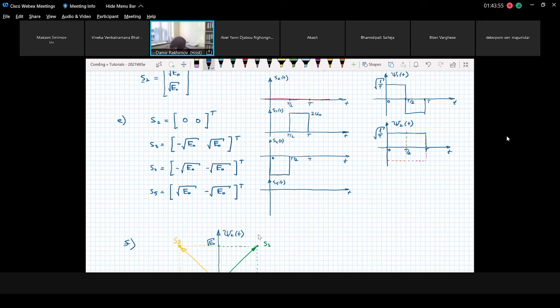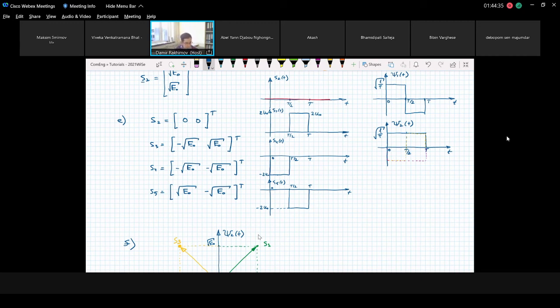If we combine them, we get a negative pulse that goes from T over 2 to capital T, and I should specify the amplitude. It was 2u0, then it was minus 2u0, and for the last signal we have again minus 2u0. Now we have time domain signals for all 5 signals.